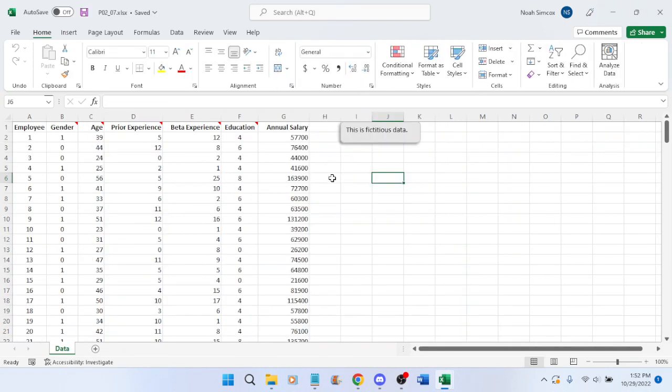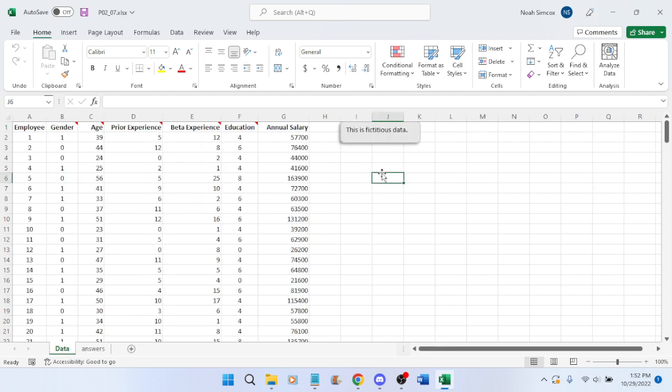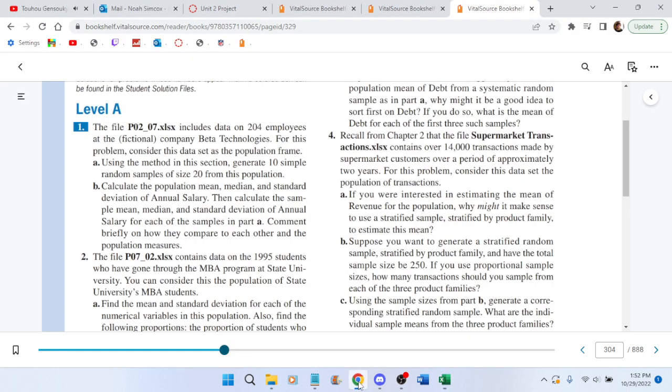We just want annual salary, so we're just going to copy and paste annual salary, because that's all we want to look at.